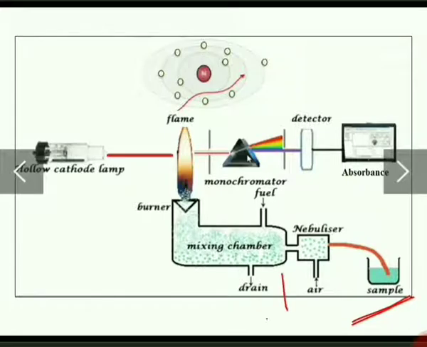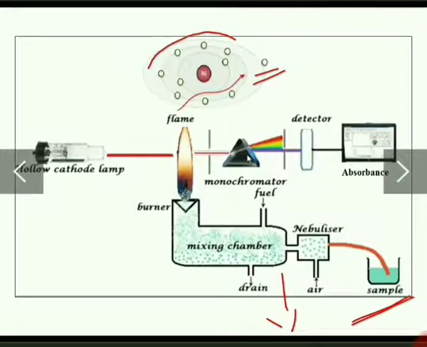Heavier particles settle down in the mixing chamber, and the other particles go to the flame. In the flame, some of the metal atoms get excited by absorbing light, and some remain unexcited.